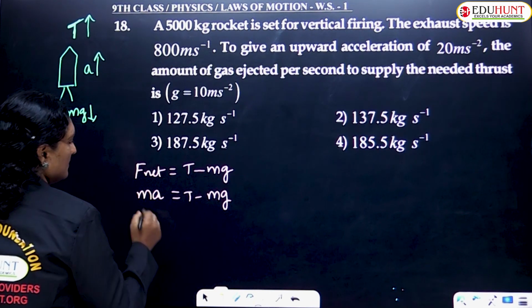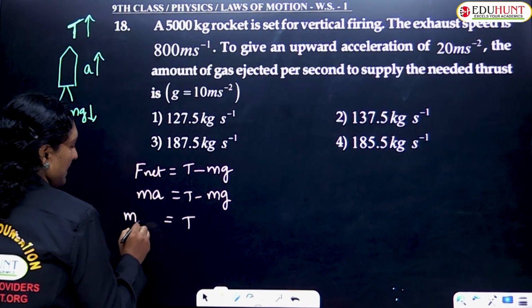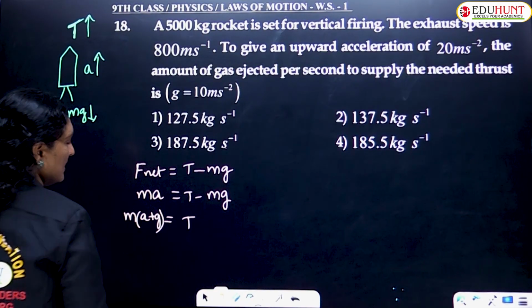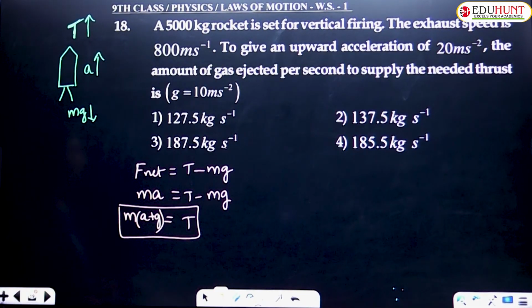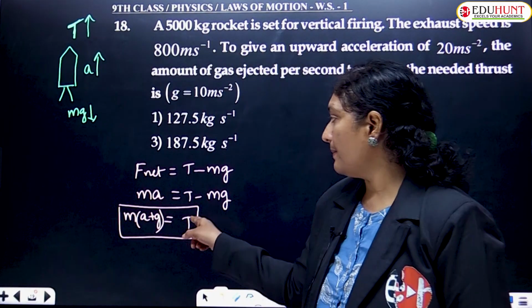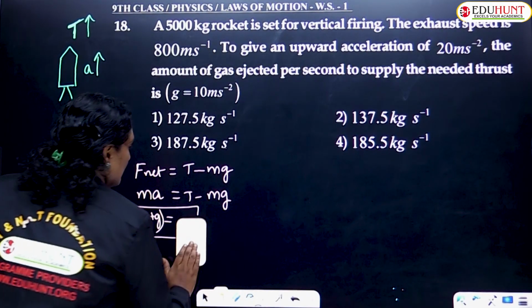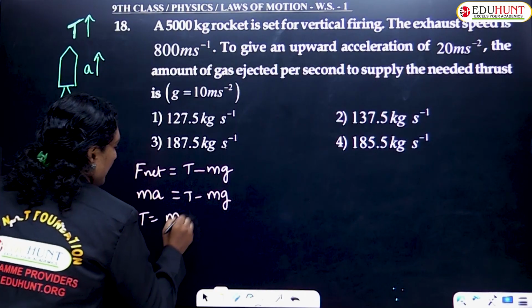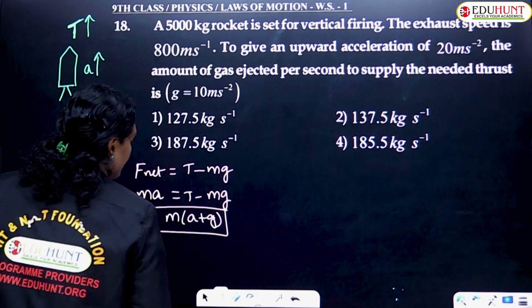If you bring mg here, then we have T equals ma plus mg, or taking m common, T equals m into (a plus g). So what is the formula for upward thrust, children? Thrust T is given by m into (a plus g). This is our required formula.